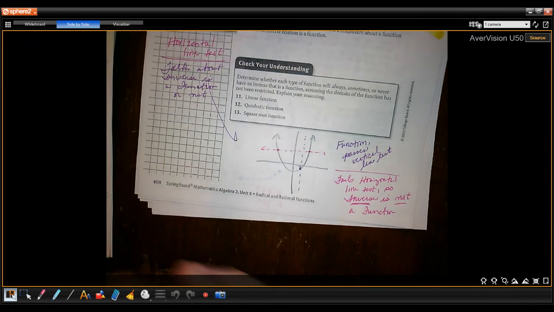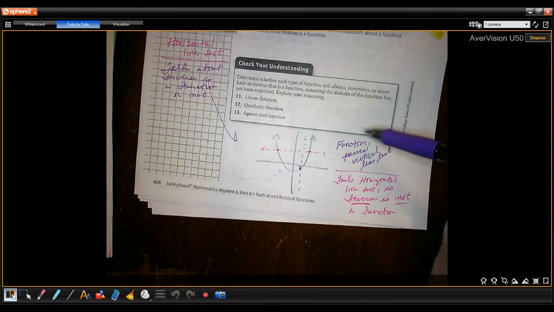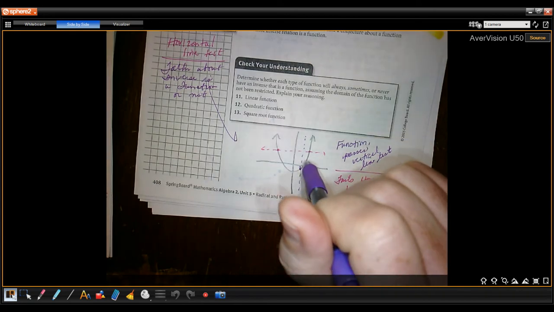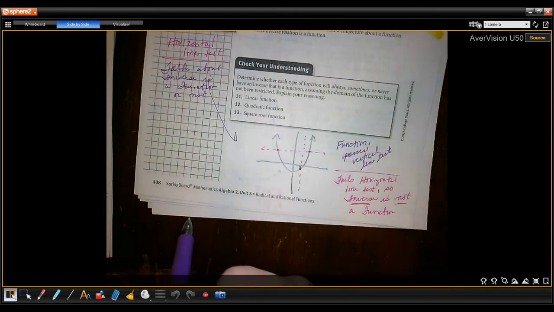Not very good English, sorry. So vertical line test talks about whether this is a function, and the horizontal line test talks about if the inverse is a function. So those are the two differences. I think you learned this in Algebra 1, but I can't really remember. So horizontal line test talks about whether the inverse is a function or not.